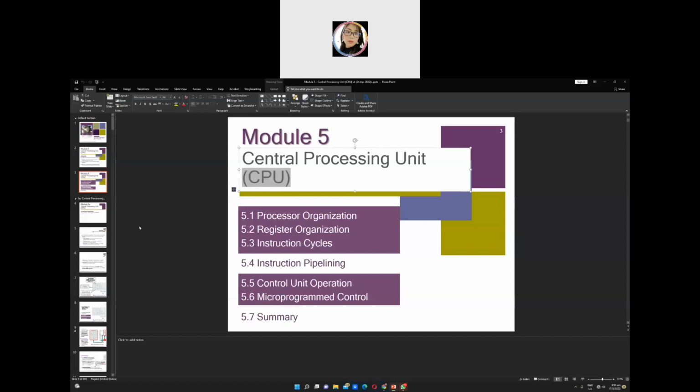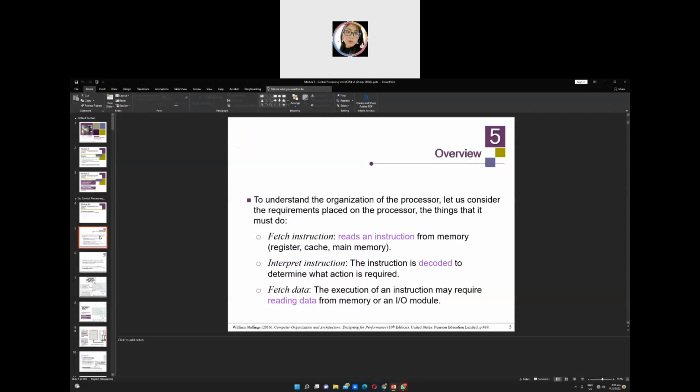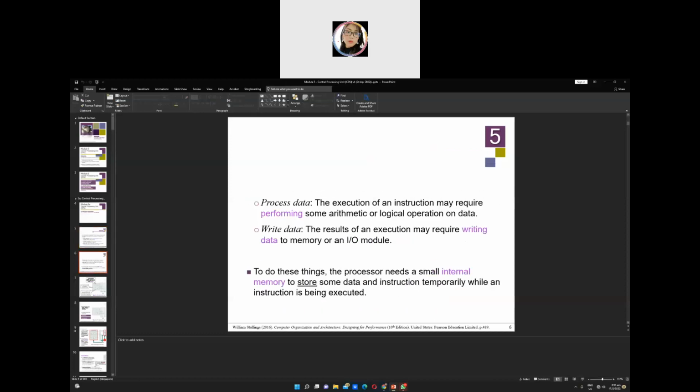So last class, we took a look at the overview and definition of fetch instruction, interpret instruction, and fetch data. There are several others like process data and write data.